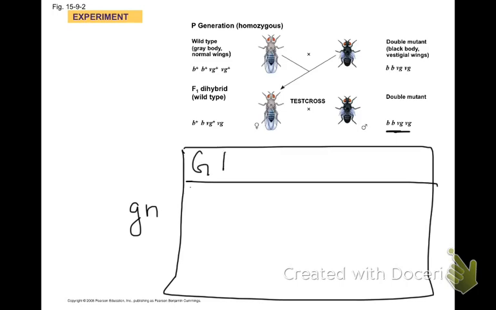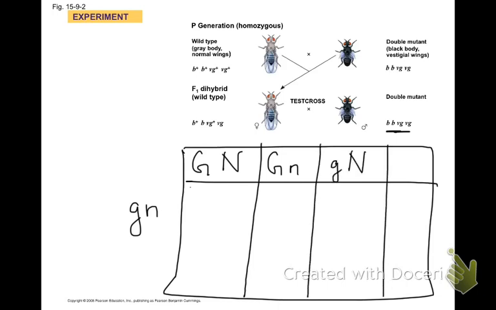This is capital G, capital N, capital G, small n, small g, capital N, small g, small n. Okay, so you would have capital G, small g, capital N, small n. This is like the parent. Okay, like this particular parent.